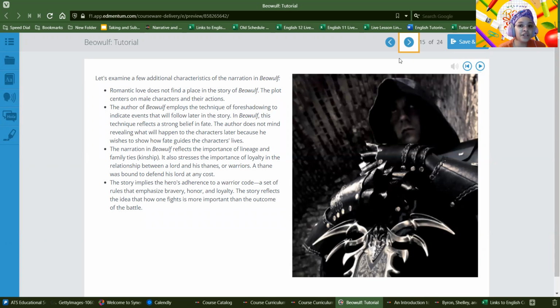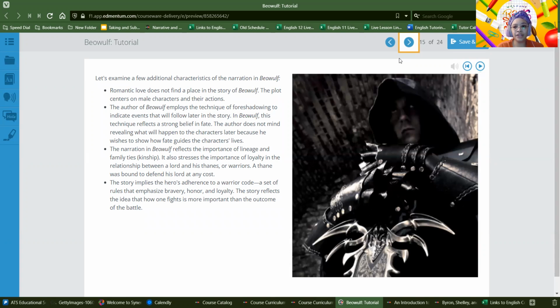So the story talks about itself and things that will happen later in the story. The reason they do this in Beowulf is because the author believed in fate. Fate was a big thing back then. So it doesn't really matter if you know the end of the story. You're supposed to enjoy seeing how you get there.